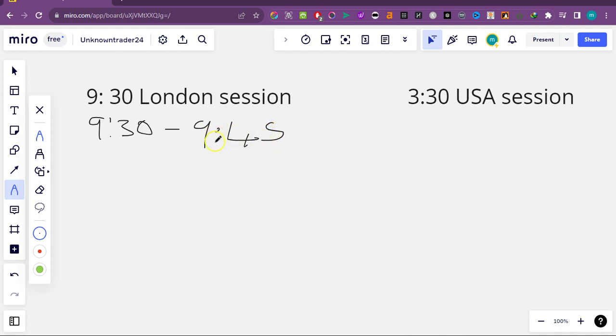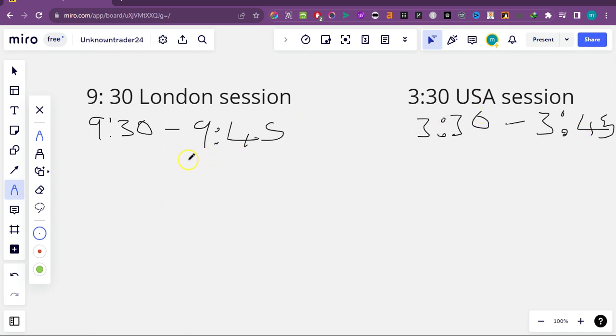And during the US session, we are looking at a candle that opens at 3:30 and closes at 3:45, if you're using South African time.